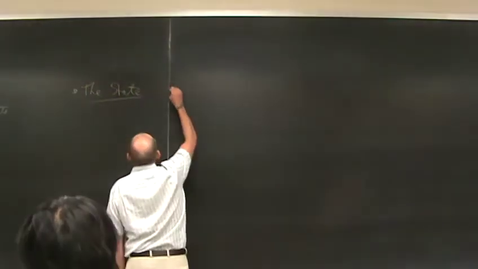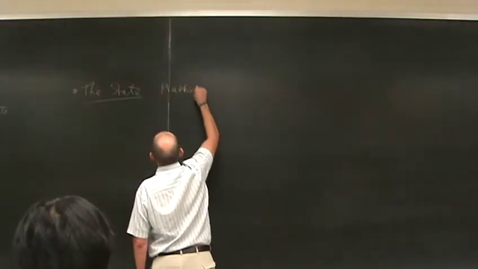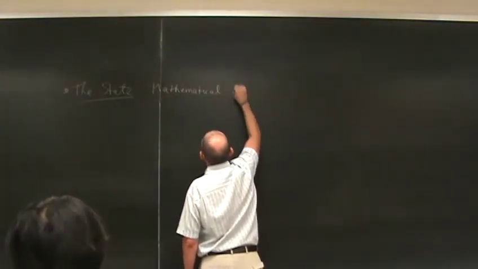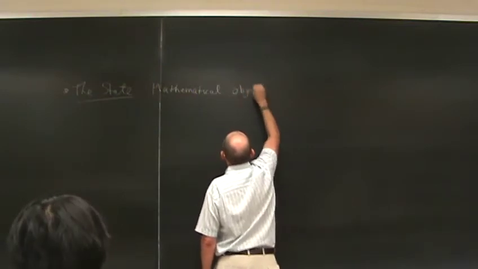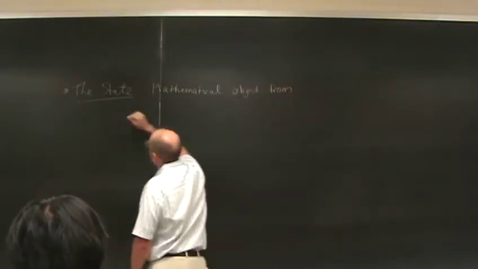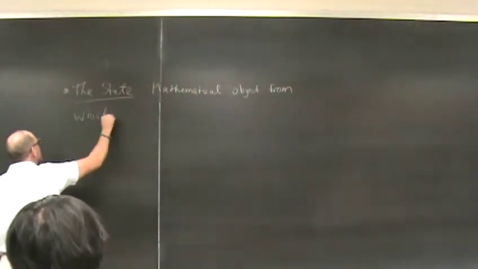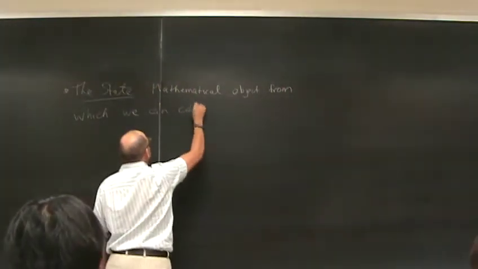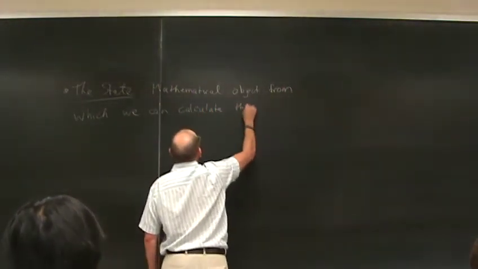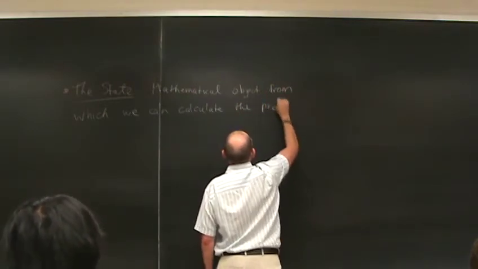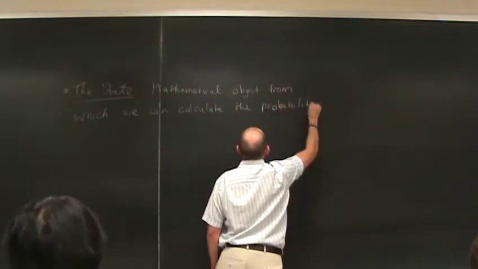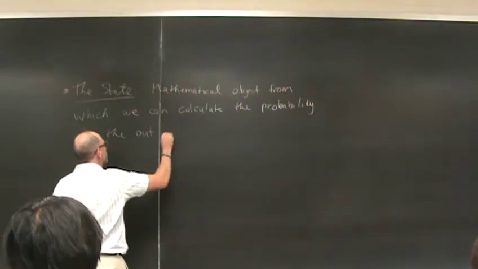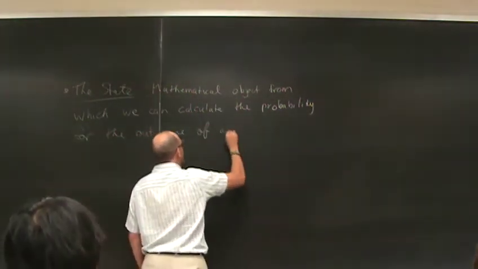The state is a mathematical tool or mathematical object from which we can calculate the probability for the outcome of any measurement we will do.